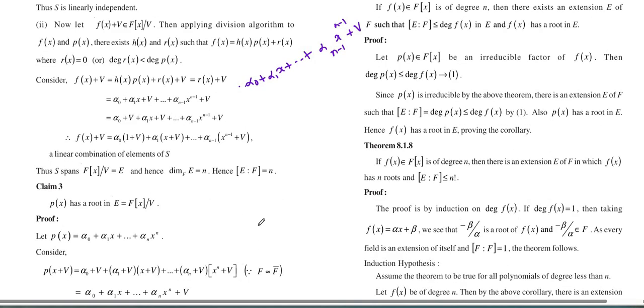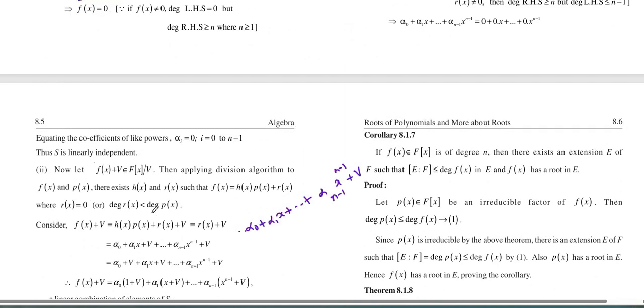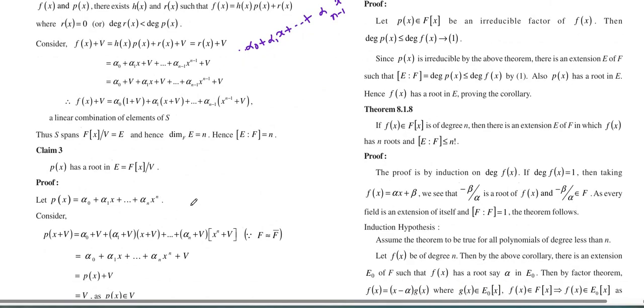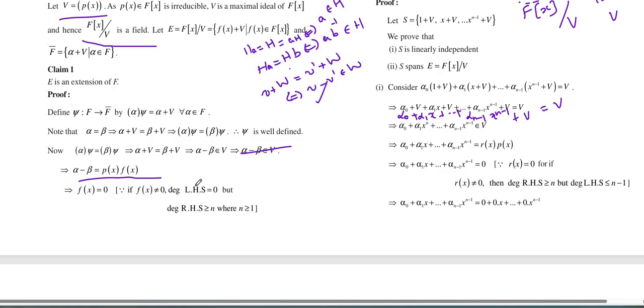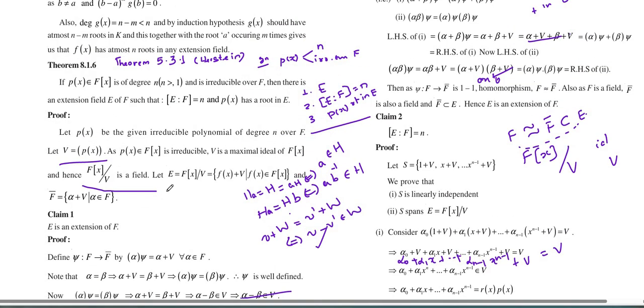So this is the smaller part of the entire theorem. If E is not constructed in this way, then the rest is not possible. So you have to have this in your mind, that is basic.